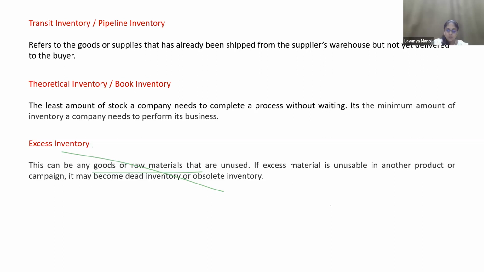It's a very strict rule, because even if it is a very expensive item, the company cannot keep hold of the item. It has to be sold in the market, otherwise it's a great loss to the company. So it has to be sent to the market and sold to the customer.